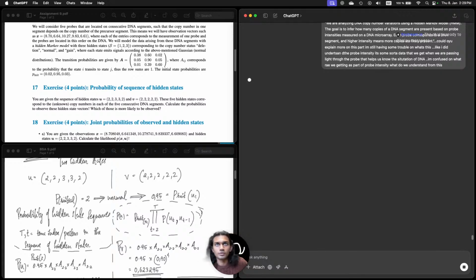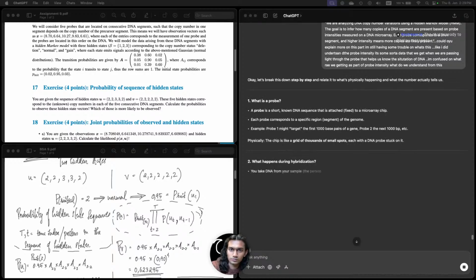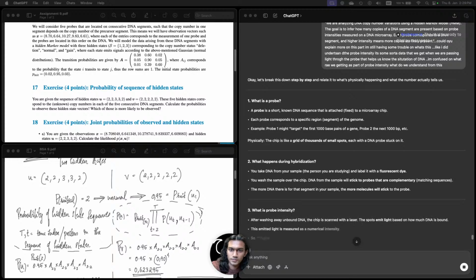What do we understand from this? What is a probe?